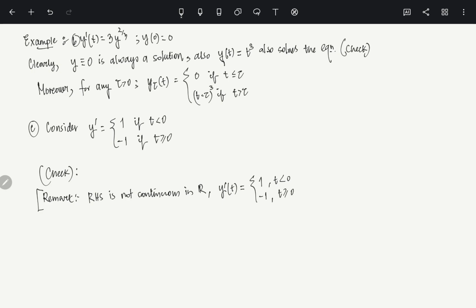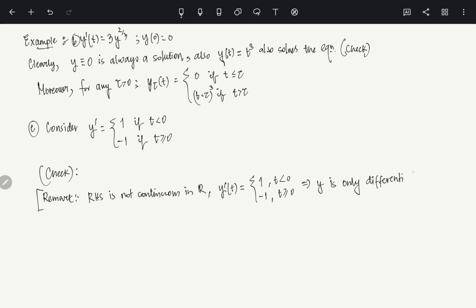So this is not continuous at 0. So if there is a solution, the derivative at the point 0 has to exist, but what I'm trying to say is that it doesn't have to be continuous. That will imply that the solution y is only differentiable.